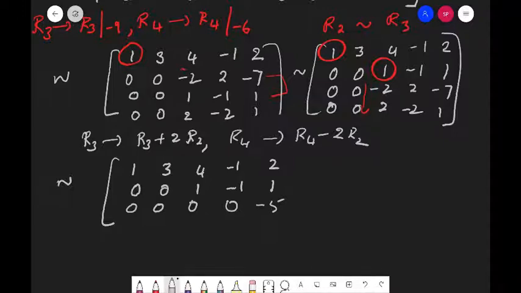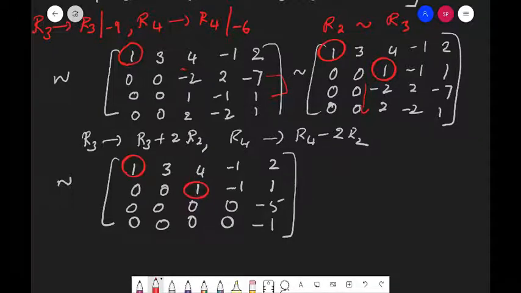And then I have R4 minus 2R2. So this is 0, 0, 2 minus 2, 0, and then minus 2 plus 2 will be 0, and then 1 minus 2 will be minus 1.